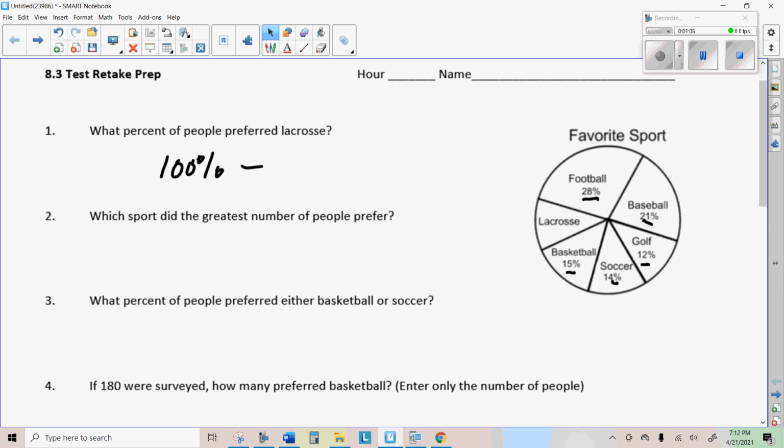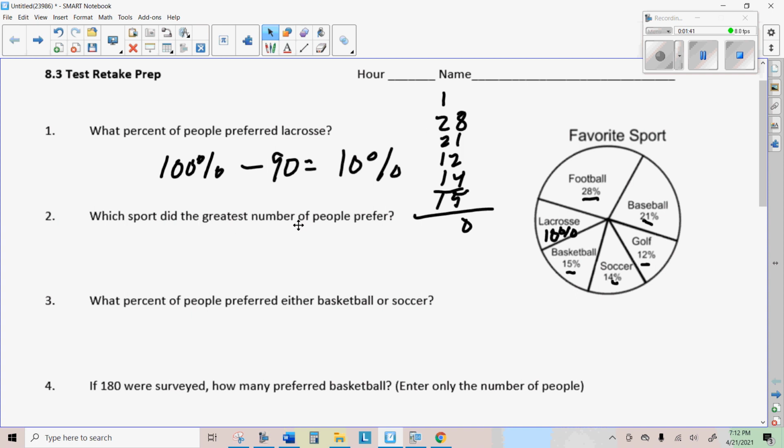Okay, so if I add 28, 21, 12, 14, and 15, add all those up, I get, looks like I get 90. I want to double check that. Yeah, so that means that we have 10% left over for lacrosse. So we can go ahead and write that in.